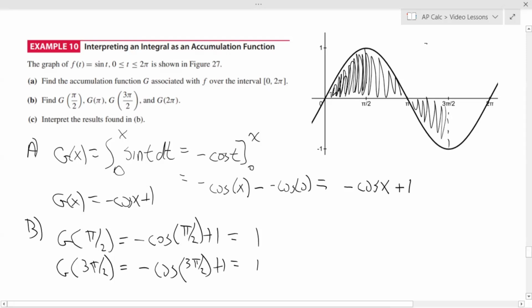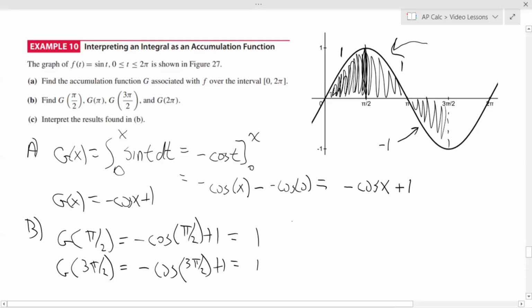Okay, this region up here we know from 0 to pi over 2 has an area of 1. Since it's symmetric, this side of the hump would have an area of 1. This region down here also has an area of 1, but because it's below the x-axis, that's counted as negative change. So it would be an area essentially of 1, but counted as negative. So if you add all that up, 1 plus 1 minus 1 is 1.